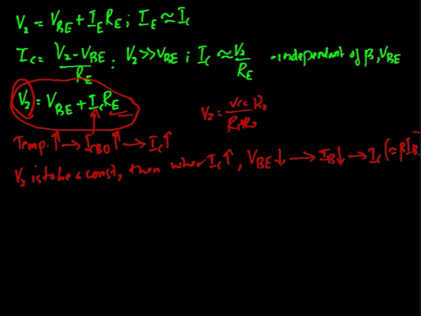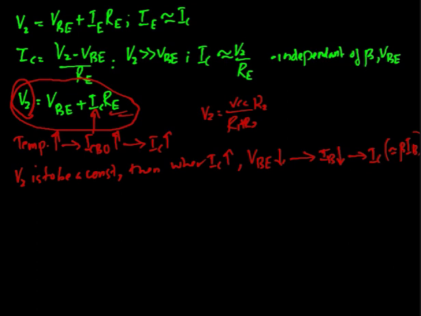So the increase in collector current due to temperature increase is compensated by the decrease in base current due to the decrease in the base emitter voltage of the transistor.